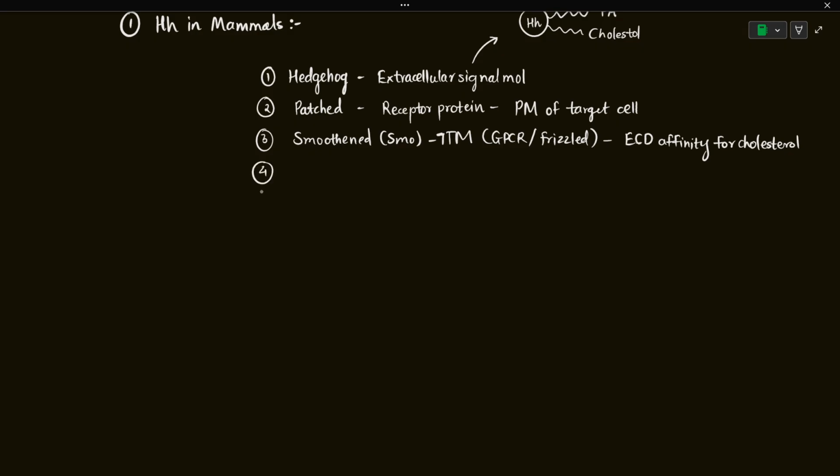Okay. The fourth protein, which is very important, is GLI. So these GLI proteins are a whole family of proteins, such as GLI1, GLI2, GLI3. So those are different proteins that belong to the GLI family. Those GLI family proteins are the transcription regulators.